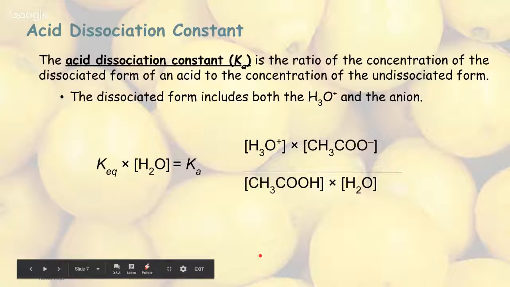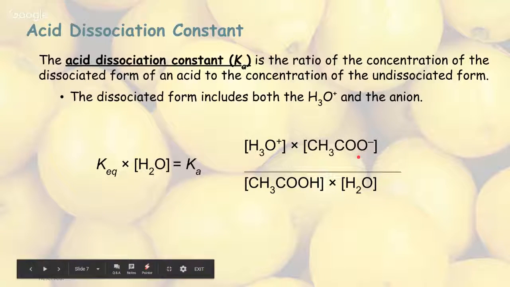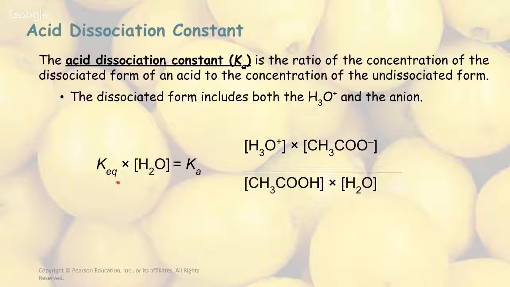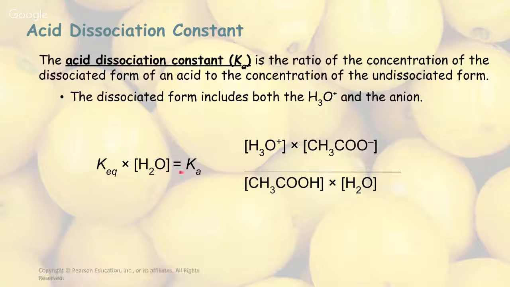So how does this actually relate to acid dissociation? Well, we relate that to what is called an acid dissociation constant. That is the ratio of the concentration of the dissociated form of an acid, that would be your products, to the concentration of the undissociated form of the acid. The dissociated form is going to include both the hydronium ion and the anion. So the equilibrium constant multiplied by water, so we're taking the water out of the bottom here, is going to be equal to the acid dissociation constant.